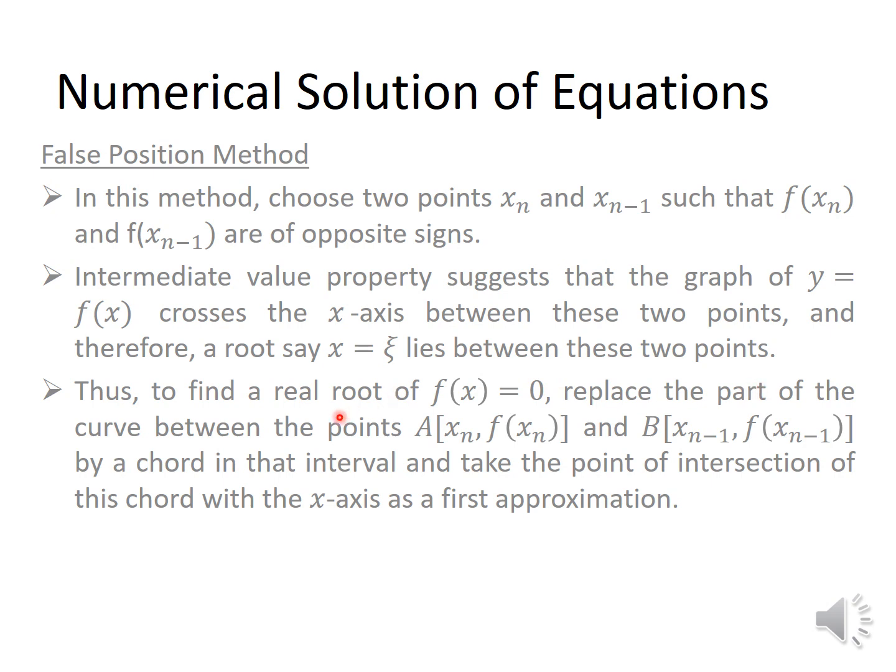So, to find a real root of f(x) equal to 0, replace the part of the curve between point A and point B by the chord in that interval, and take the point of intersection of this chord with the x-axis as a first approximation.